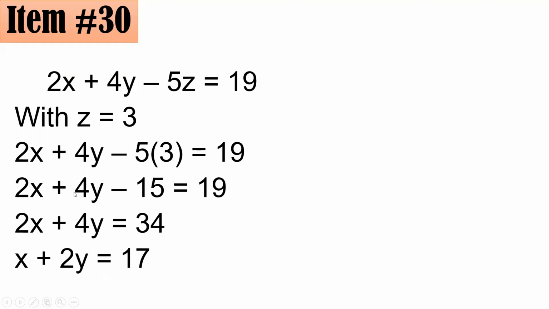Kung inyo pong mapapansin sa lahat ng coefficients, 2x, 4y, 34, all of them are divisible by 2. Kaya po, I divided each term by 2 to make it simpler, and that gives us 2x divided by 2 is x, 4y divided by 2 is 2y, 34 divided by 2 is 17. That's why you have x plus 2y equals 17.